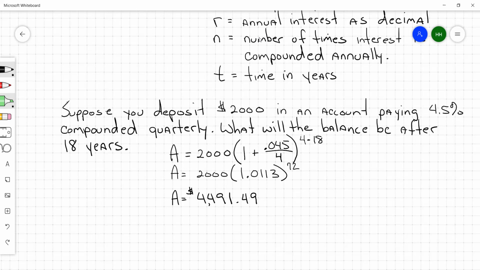All right, so this big $2,000 that you put in the bank 18 years ago. Oh my Lord. That money sat in the bank for 18 years at 4.5%.